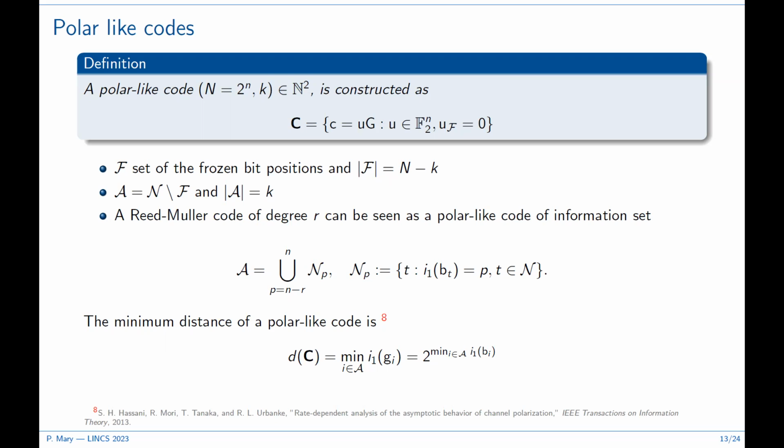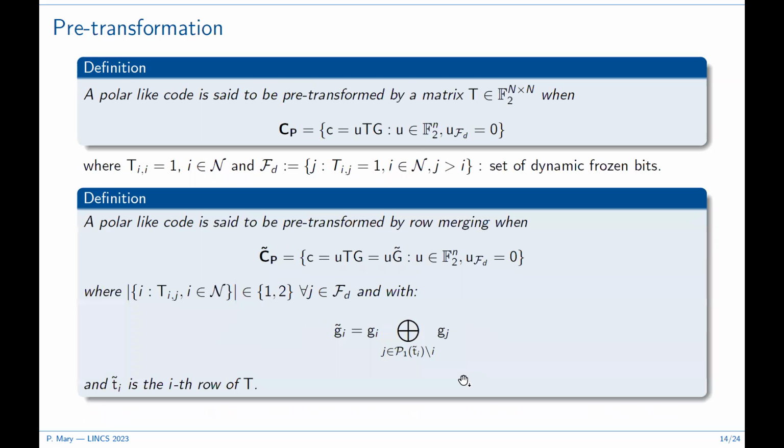And it has been proved that the minimum distance of polar-like codes is related to the minimum Hamming weight of the rows belonging to the information set, which is linked to the Hamming weights of the binary representation. Okay, so in our case, we will talk now about row merging. And what we call row merging is a precoding scheme.